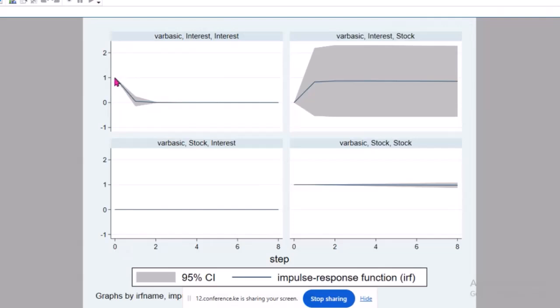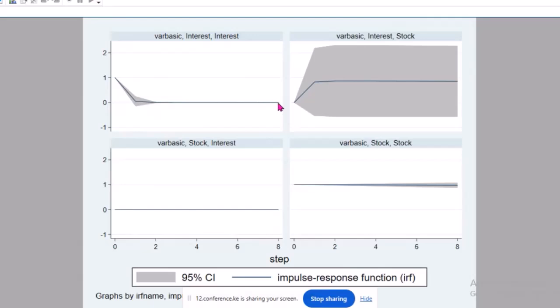This change then dies out until it reaches almost 0, by the time you reach about 2 or 3. So in the short run there is a sudden change, and it declines until it reaches 0, and then it stabilizes in the long run.